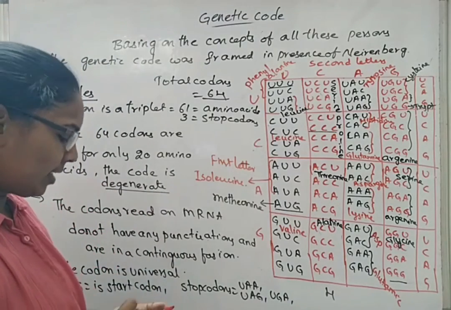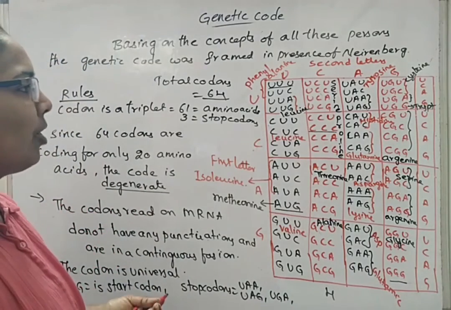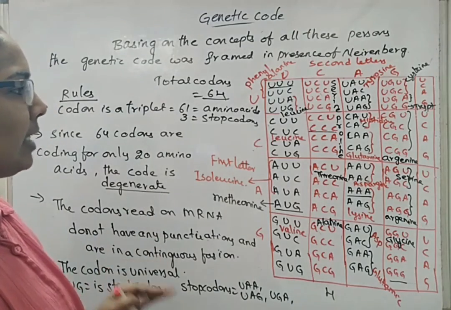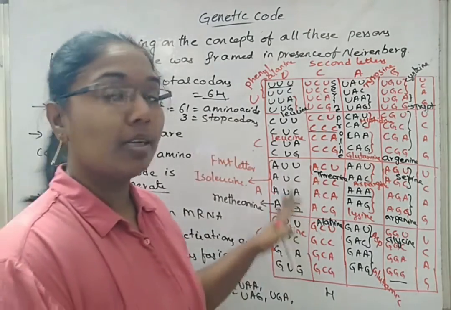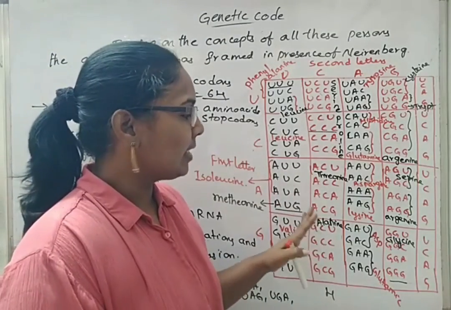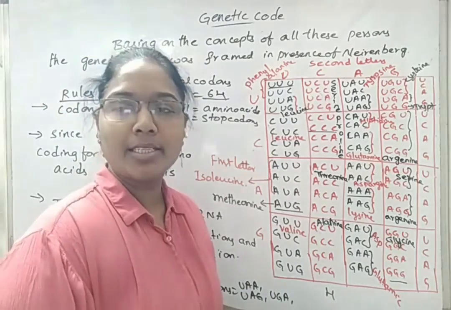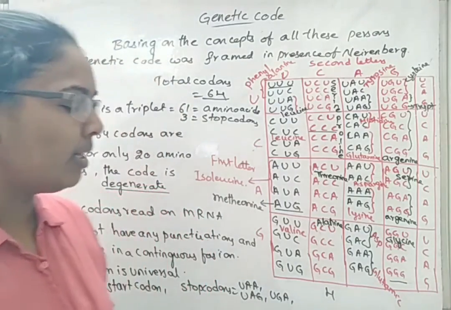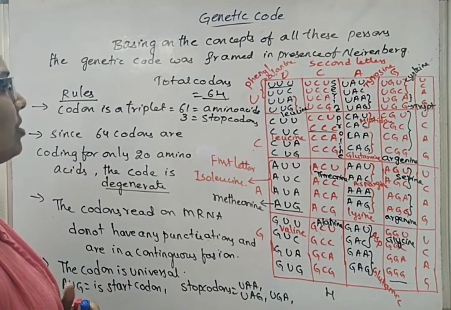This is universally applicable, as are the types of amino acids coded by different codons. These codons are present on mRNA. They are translated into amino acids during the translation process in the presence of tRNA and rRNA, ribosomal RNA. This is about the genetic code.